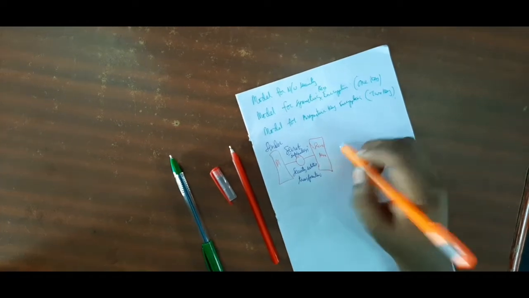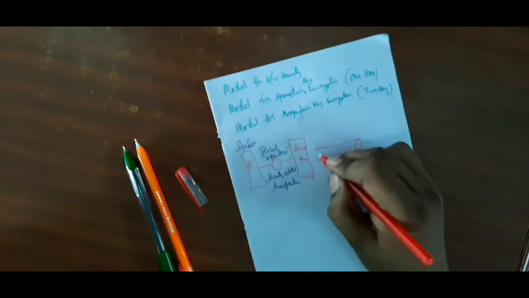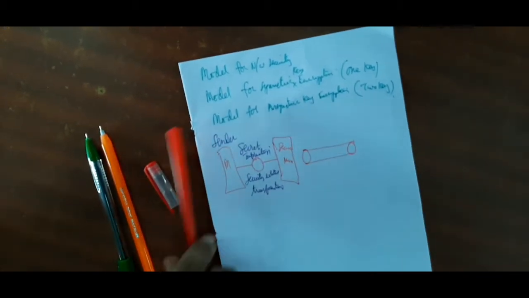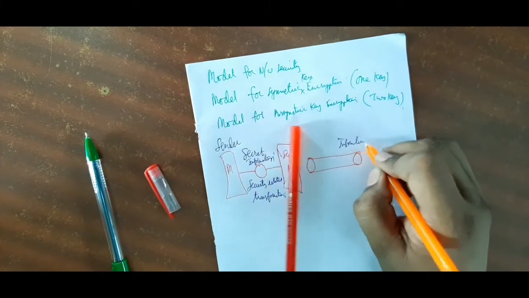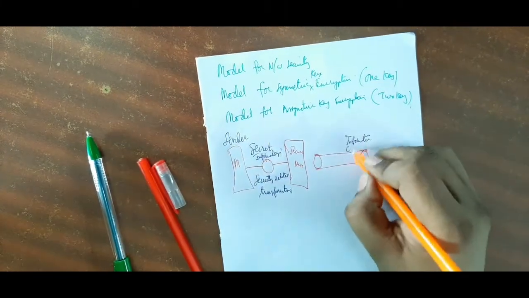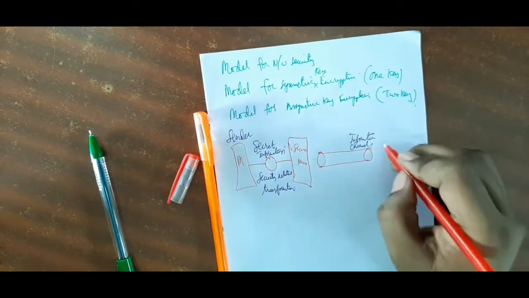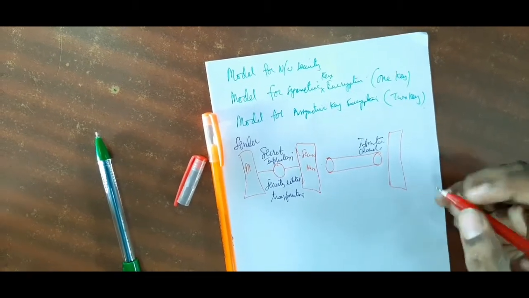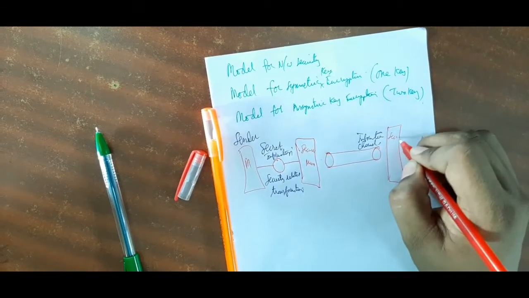message will be transferred through the information channel, and this information channel will be transferring the secure message, and finally you'll get the secure message here.